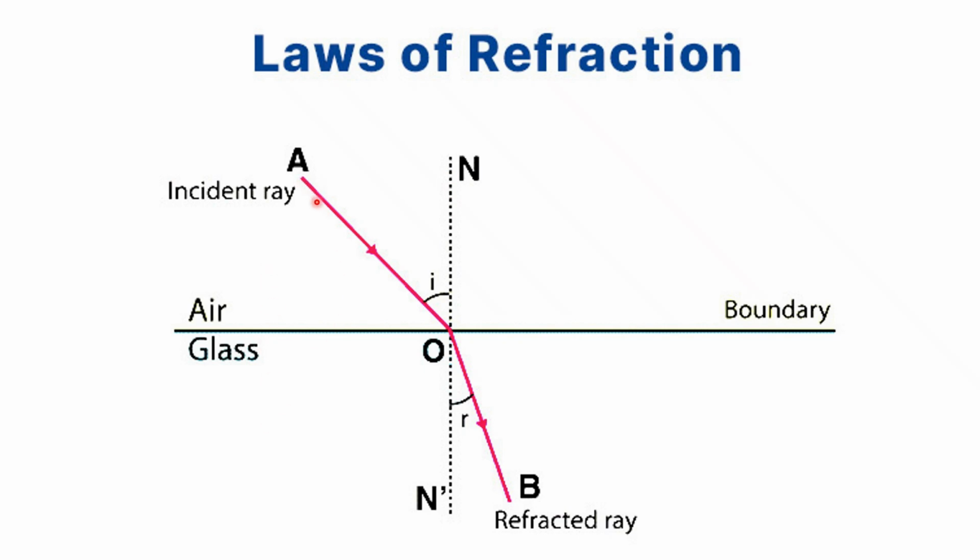If this is the incident ray, the refracted ray and N dash is the normal, then the incident ray, the refracted ray and the normal at the point of incidence, the point at which the incident ray hits, all lie in the same plane. Can you see that? The incident ray, the refracted ray and the normal at the point of incidence all lie in the same plane.